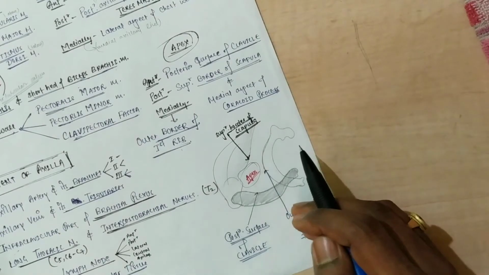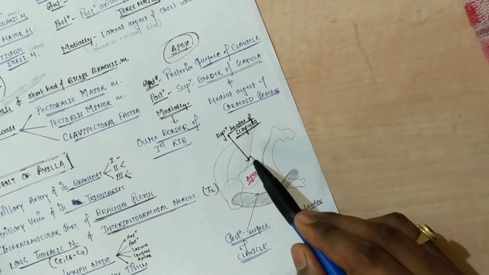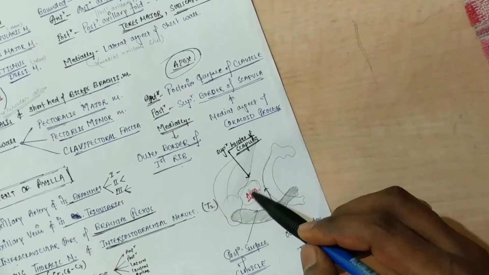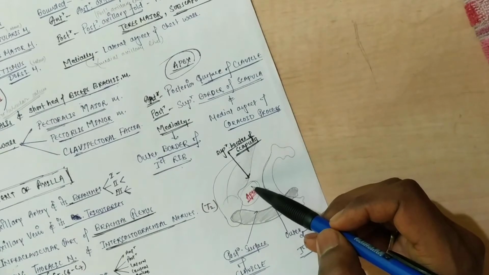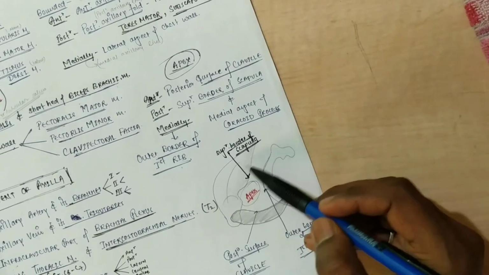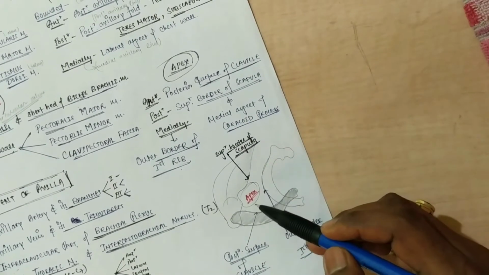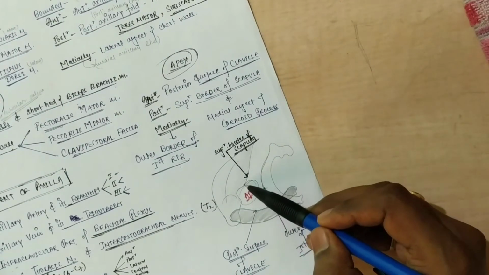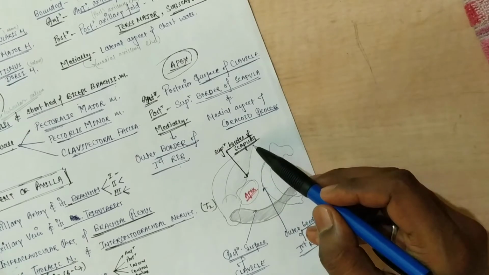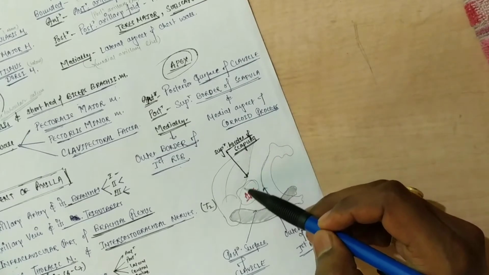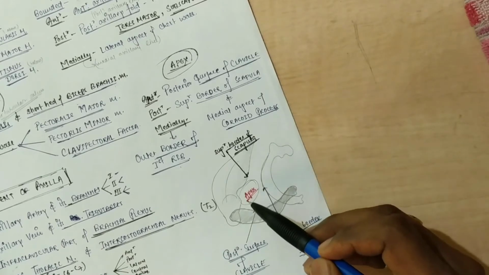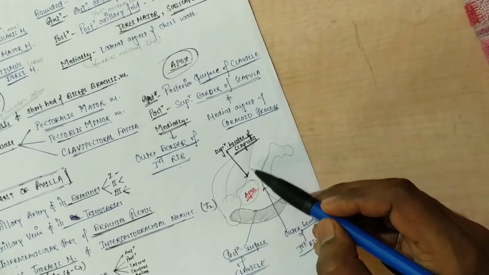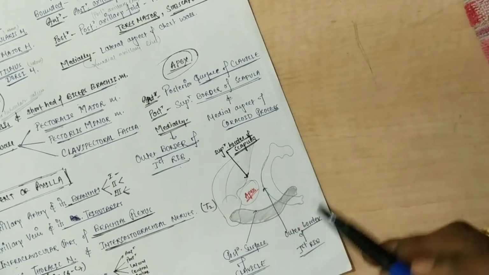And the posterior boundary, or the lateral or posterolateral boundary of the cervico-axillary canal, is formed by the superior border of the scapula and the medial aspect of the coracoid process.